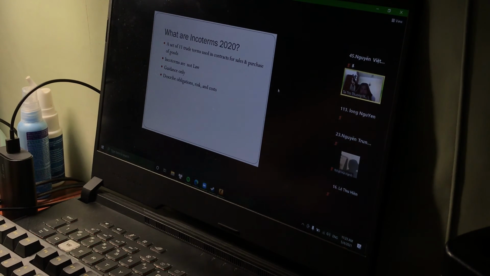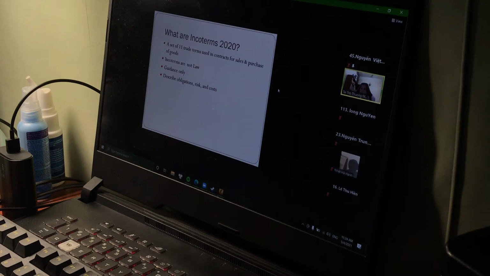It means Incoterms are just optional legal documents. It means parties to an international transaction do not need to use Incoterms.